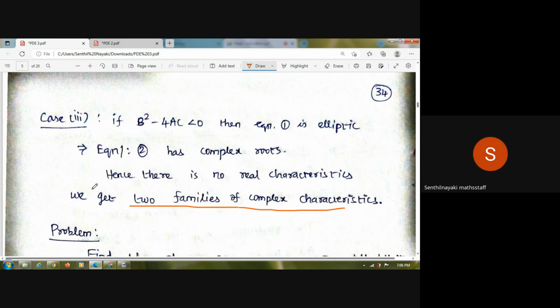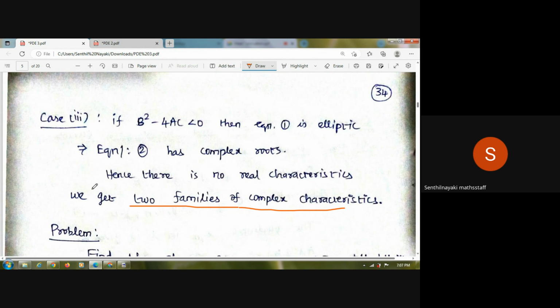Okay. Now we are going to discuss the characteristic equation and the characteristic curve. In the next class, we will discuss a problem related to the canonical form. The canonical form is very important and it is very difficult also. It consumes more time for solving this problem, but that is very important.